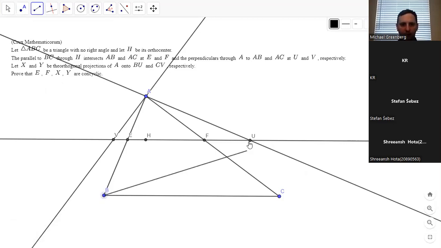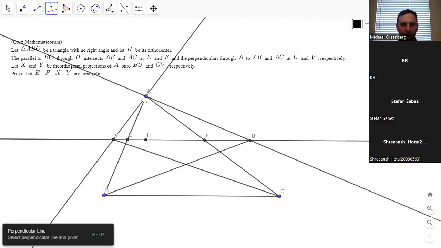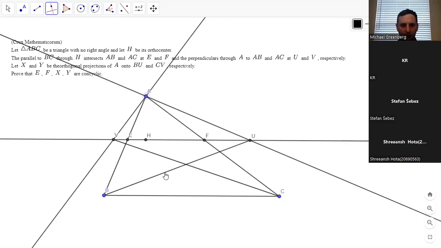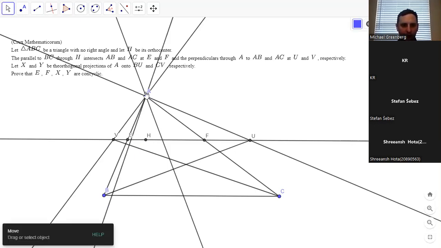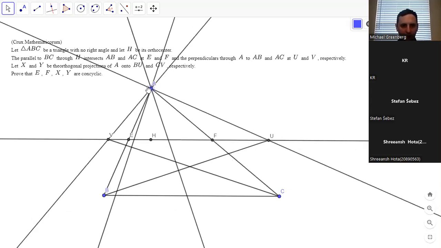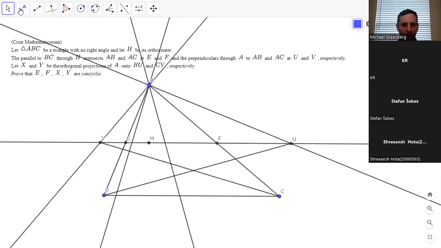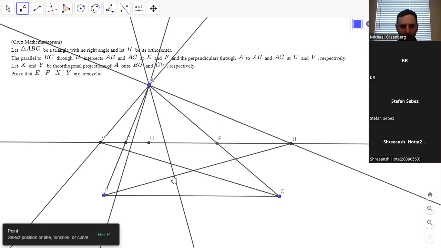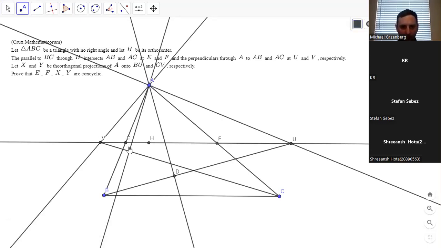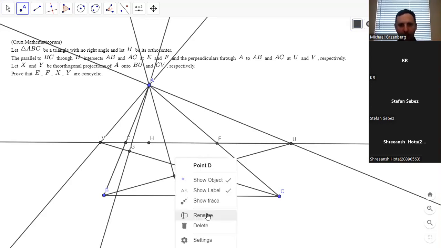And we want to show that E, F, X, and Y are cyclic. So that's BU, this is CV. Let's see, try to make these points look nice. So this is going to be X and that's going to be Y.